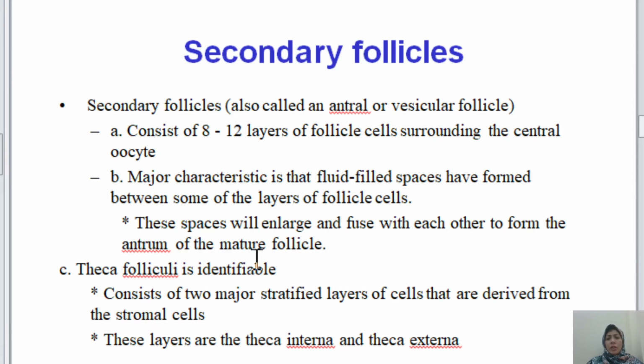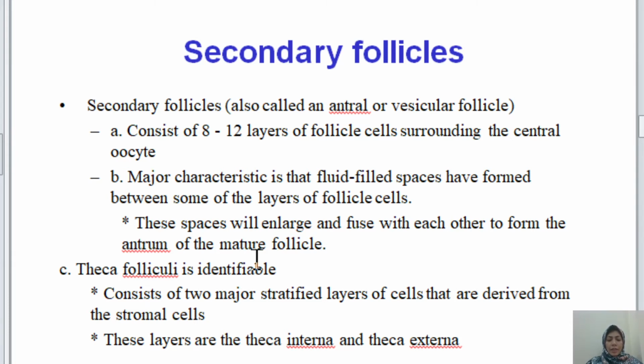This follicle is identifiable, and they consist of two major stratified layers of cells that are derived from the stromal cells, and these layers are the theca interna and the theca externa.